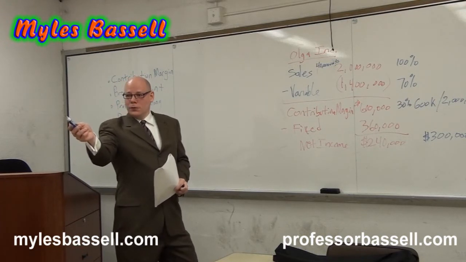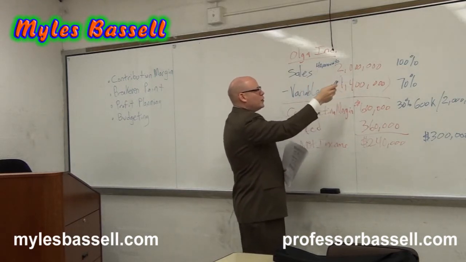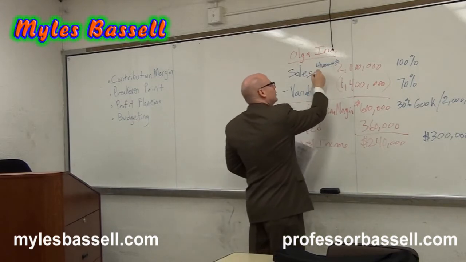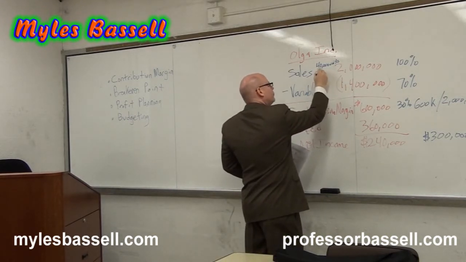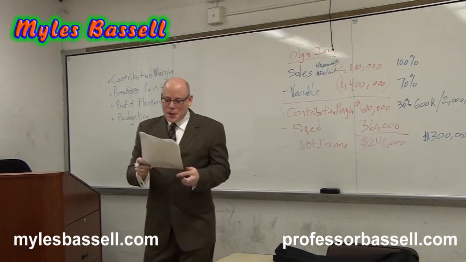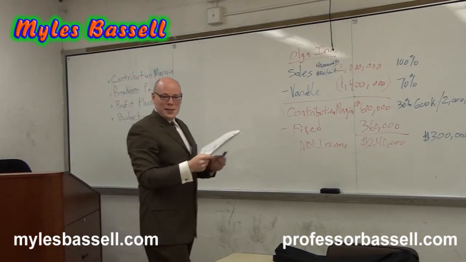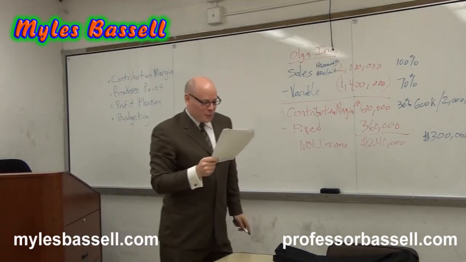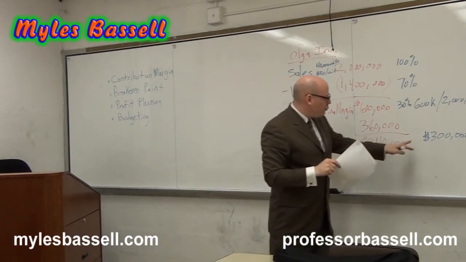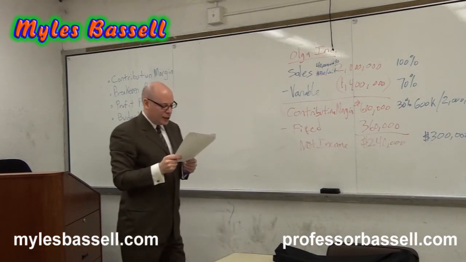If we sell 40,000 units and generate $2 million in sales, what is the price per unit? $50, right? So the question is, what if we want to achieve $300,000 in net income? How many units are we going to have to sell?